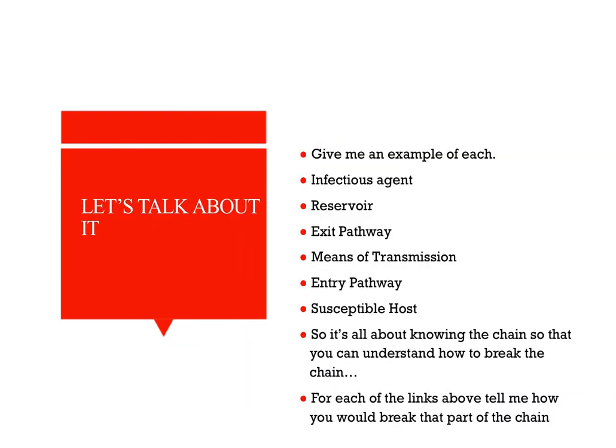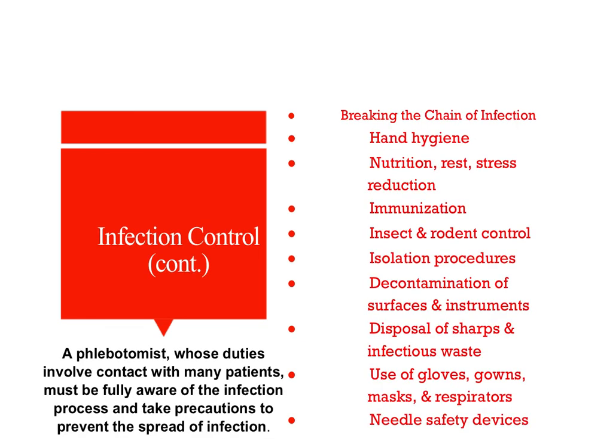All right, I'm going to leave this here for you all to stop and think about each one of these and get an idea in your mind of what goes on with the chain of infection. All right, we talked about some of these already. You can pause here. I do want to talk about disposal of sharps and infectious waste.